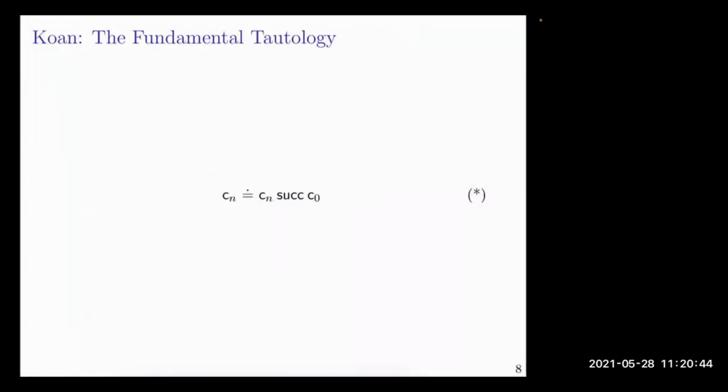Okay, so the main idea of the approach. The fundamental tautology of Church numerals is very easy to overlook. Well, hopefully it's obvious, right? If we have a Church numeral, the number n is n times successor away from 0. So if we move away from 0 n times, then we arrive at this number. So it seems to be obvious, right?